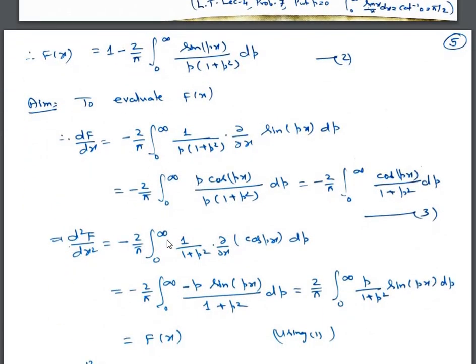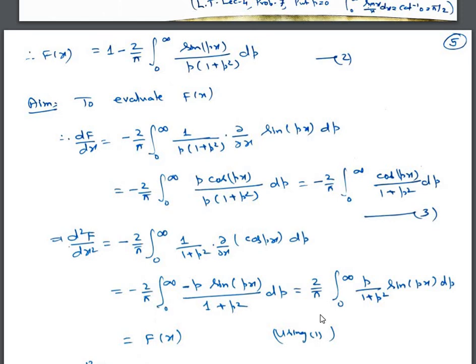Differentiating once again, because we still have the integral sign here and we got cosine, so we differentiate once again. So d²f/dx² is equal to minus 2/π times the integral from 0 to infinity of 1/(1+p²) times ∂/∂x of cos px dp. Now the derivative of this is minus p sin px. So d²f/dx² is minus 2/π times the integral of minus p sin px upon 1 + p² dp.